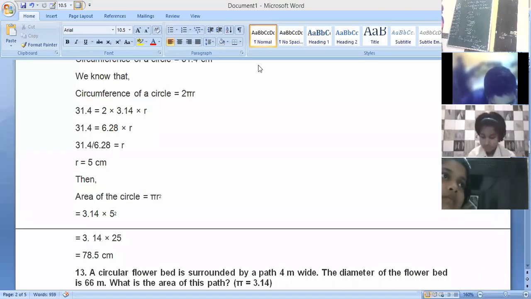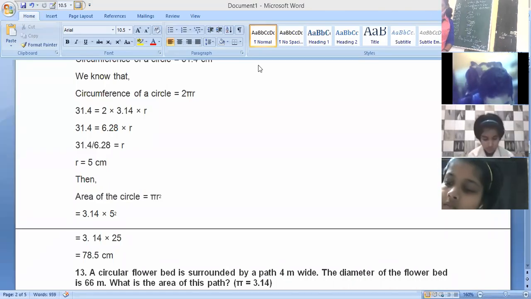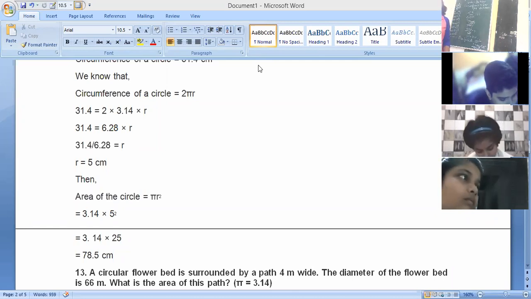Surrounded by a path 4 meters wide. The diameter of the flower bed is 66 meters. What is the area of this path? Take pi equal to 3.14.